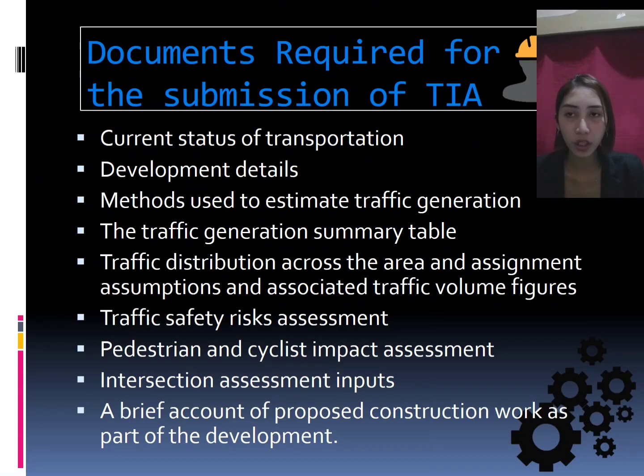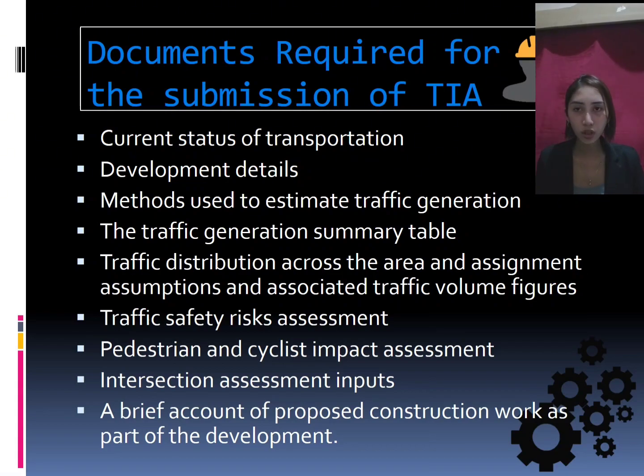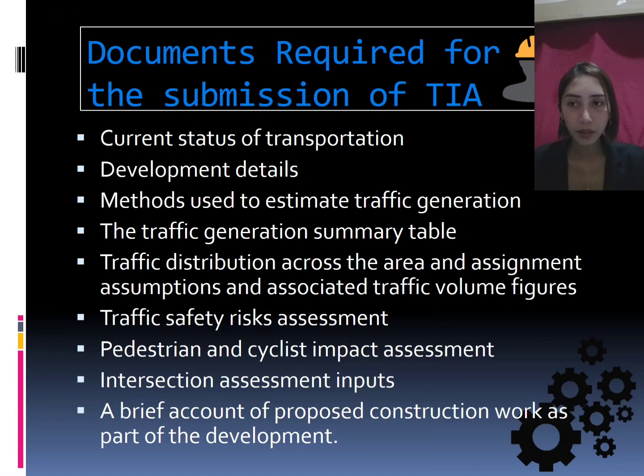Next is the traffic generation summary table, traffic distribution across the area, and assignment assumptions and associated traffic volume figures, traffic safety risk assessment, pedestrian and cyclist impact assessment, intersection assessment inputs, and a brief account of proposed construction work as part of the development.